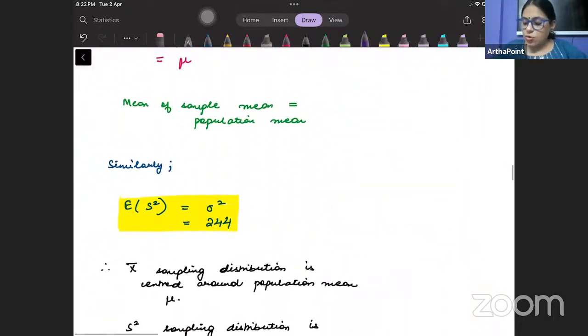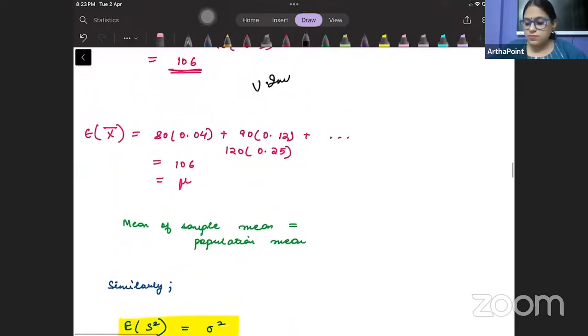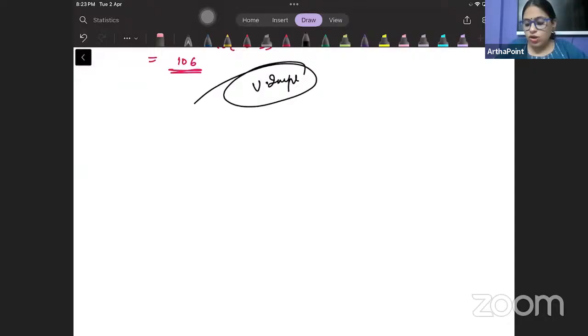Okay. Now, this is very, very important. Try to see this thing better. So, हमने क्या किया ना? हमने बोला we have a population at hand. The population had three things.